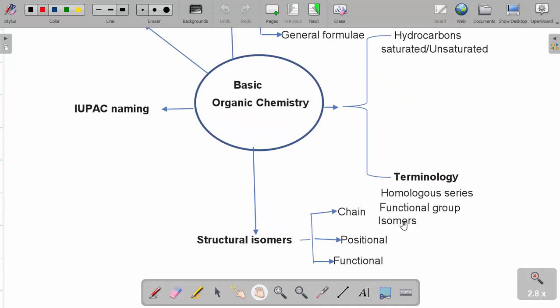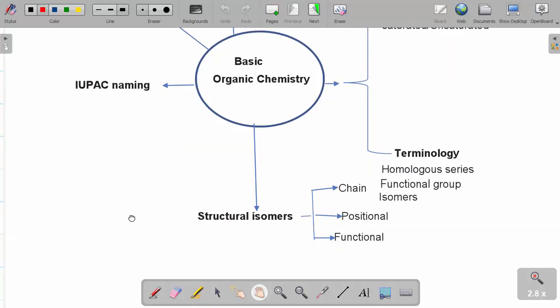Whereby these isomers, we have structural isomers, which include chain isomers, positional isomers, and the functional isomers. So these structural isomers, they're under these isomers here. So they include what? Chain isomers, positional isomers, and the functional isomers. I know it might not make sense to you for the beginning, but I'm sure as we proceed, you're going to have a clear understanding.